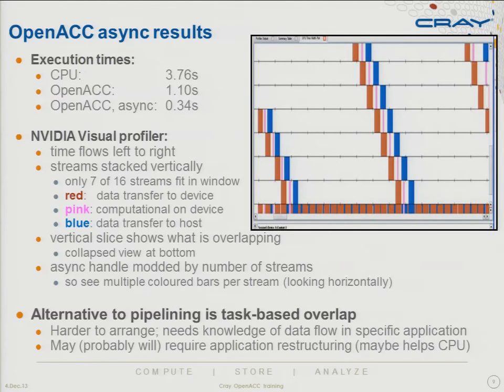If you've got a pipelining type thing, independent operations, this sort of approach works really well. If you've got a code where it's more complicated, like the Himeno code, where your computational tasks are not independent, one depends upon another, it's harder to get this overlap because you're looking for tasks that you can overlap one with the other.